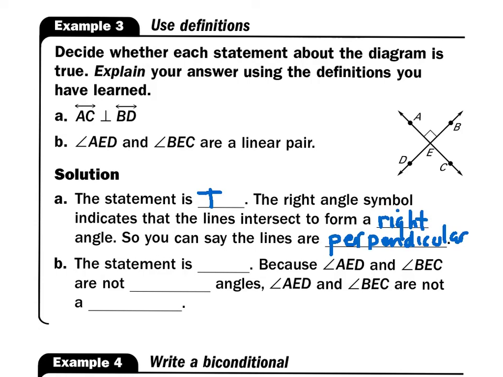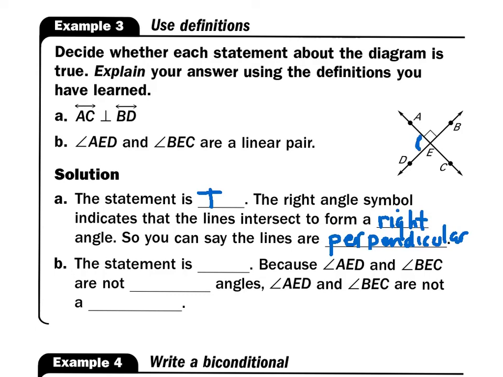Okay, angle AED and angle BEC are a linear pair. Is this true? No. So let's draw them out. Angle AED, so this would be that angle here.